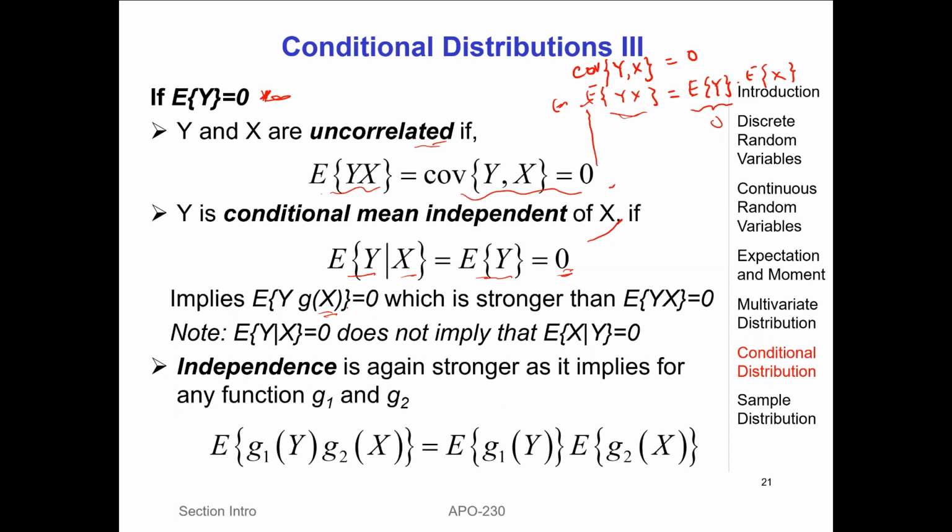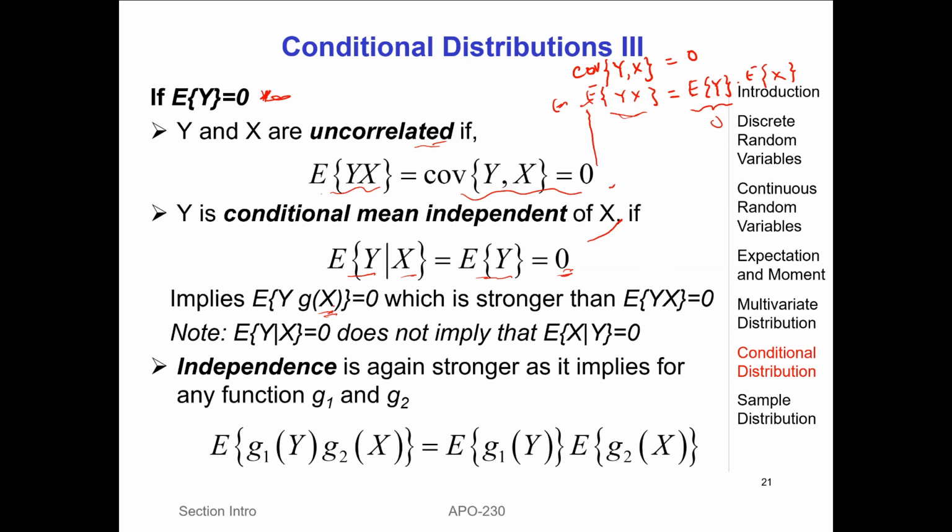Because we talk about correlation as linear dependence only, not nonlinear. So the second case of conditional mean independence also encompasses nonlinear functions. Not just a linear combination of x, but any nonlinear combination of x will not tell you anything systematically about the variable y of interest.